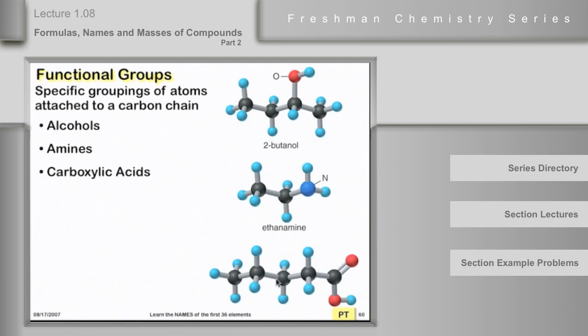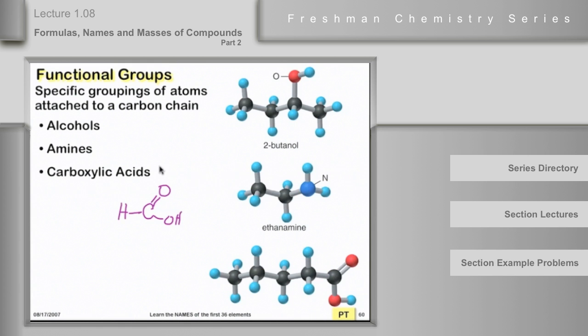Something we will look at more frequently is a carboxylic acid. The carboxylic acid is an organic compound that has on the end a carbon that has an oxygen with a double bond. I know we haven't talked about that yet, but it's an oxygen with a double bond and then an OH group. So if there were just a hydrogen right there, that would be a 1-carbon organic acid.